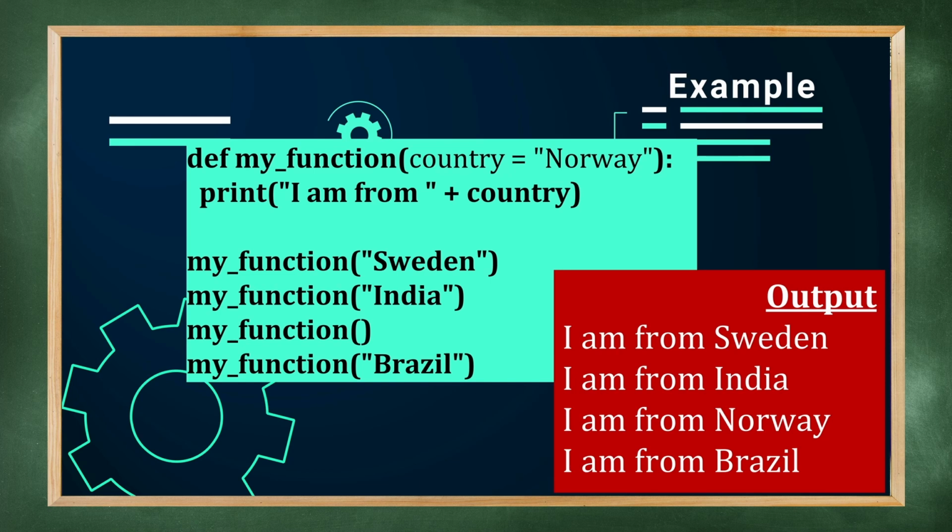Then again I am calling the function, but I am not going to pass any argument. Then again I am calling it with Brazil.